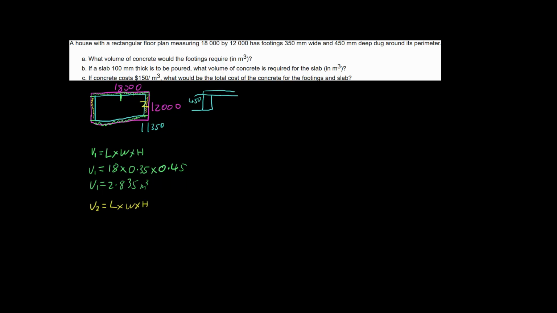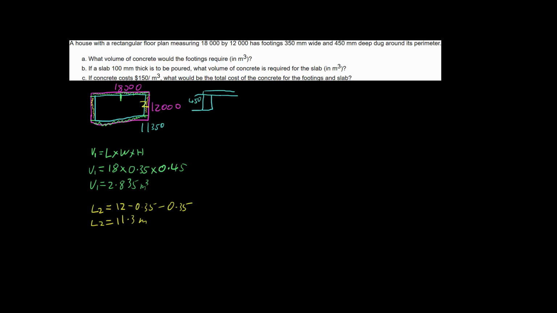Before we calculate our volume, we want the length of section 2 first. And that is going to be 12 meters minus 0.35 off the top and minus 0.35 off the bottom. And so we're going to have 11.3 meter length. That is going to be for this section.